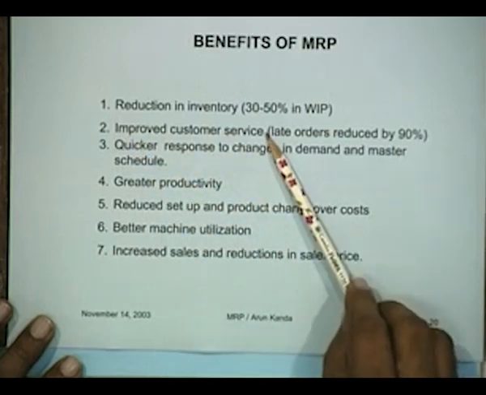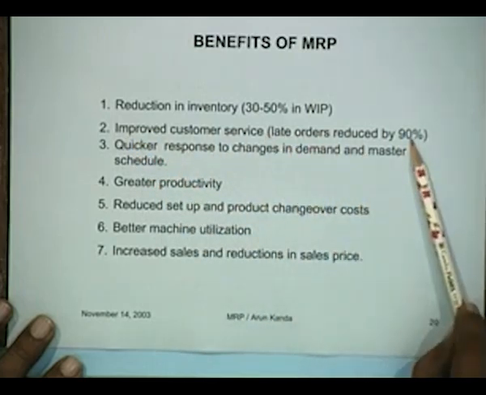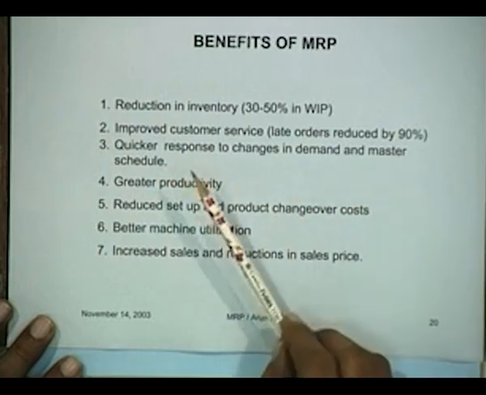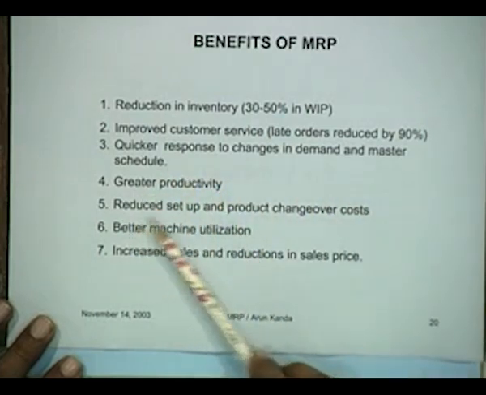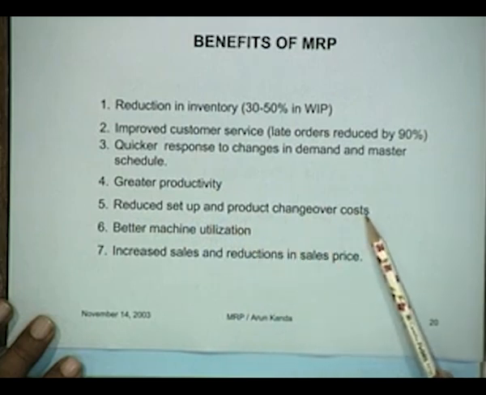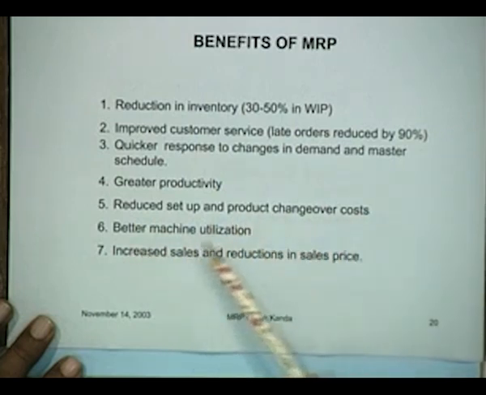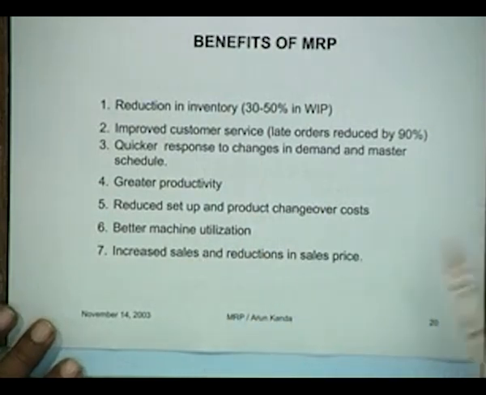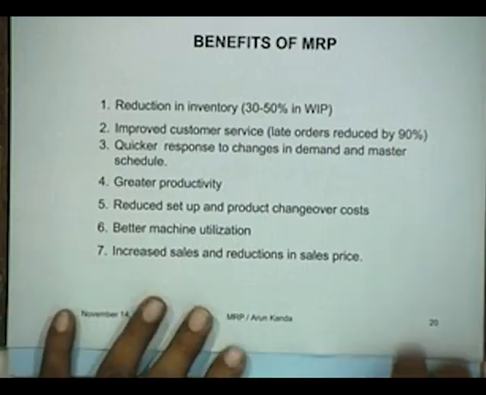There is improved customer service, late orders have been reduced by 90%, quicker response to changes in demand and master schedule, greater productivity, reduced setup and product changeover costs, better machine utilization and increased sales and reductions in sales price. Because when there is an increase in sales, you can offer the advantages to the consumer and bring down the prices. So these are some of the major benefits of an MRP system which is involved here.